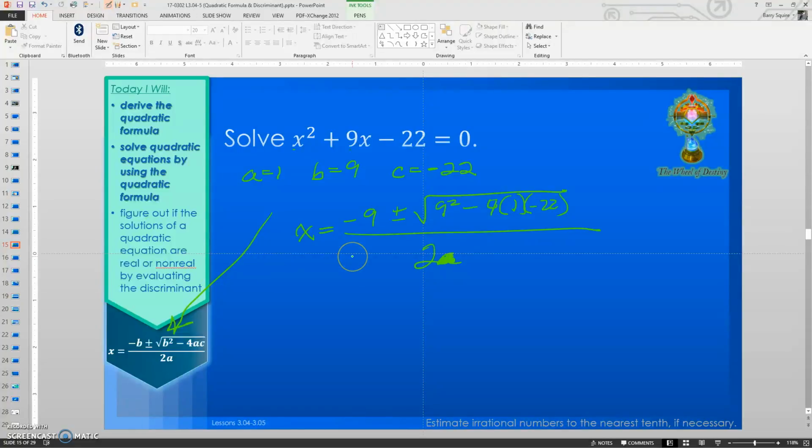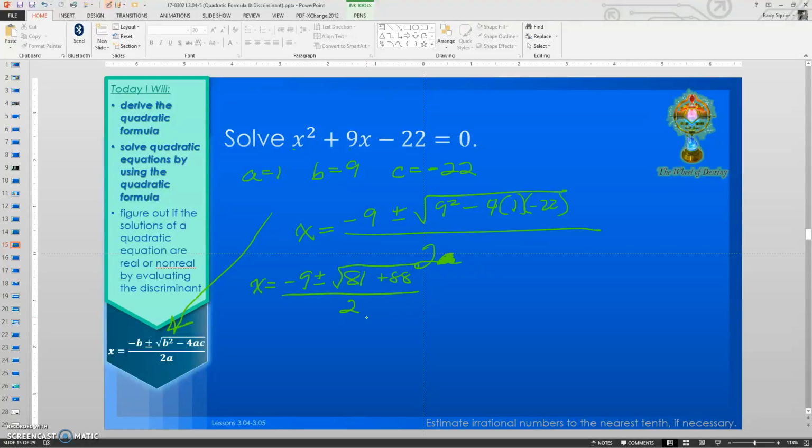So we're just going to follow the order of operations, do what's under the radical first. So we'll get x equals -9 plus or minus the square root of 9 squared, which is 81, minus 4ac. So that's minus 4 times minus 22, so that's plus 88. That's the square root all over 2.